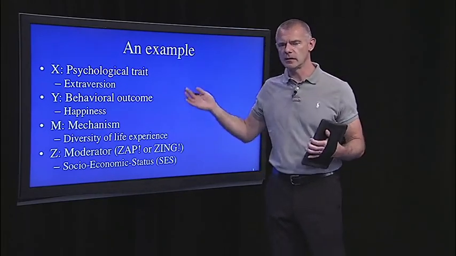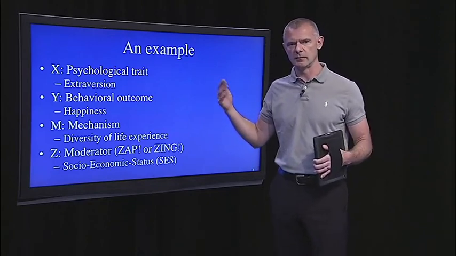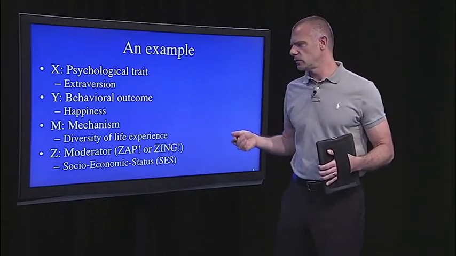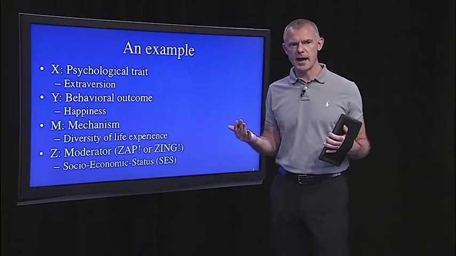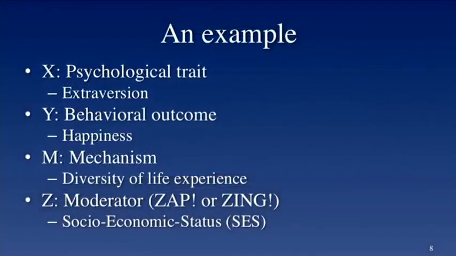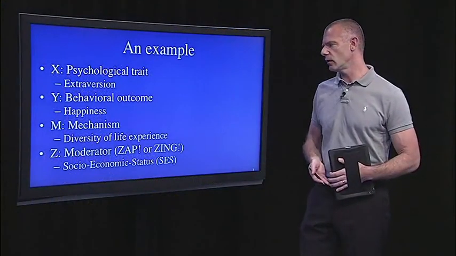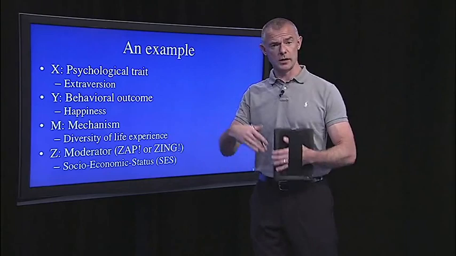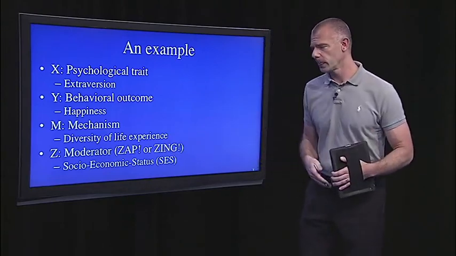Now, I just made this up and I just made up the data. I simulated data in R. So one possibility is that the mechanism is just diversity of life experiences. If you're extroverted, you might have a wider, more diverse range of life experiences. So those would be positively correlated, and that in turn would cause you to be more happy.